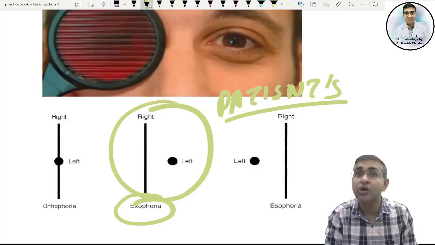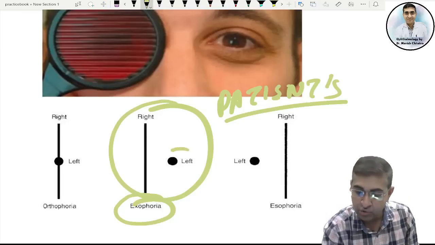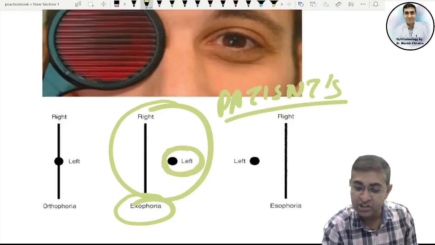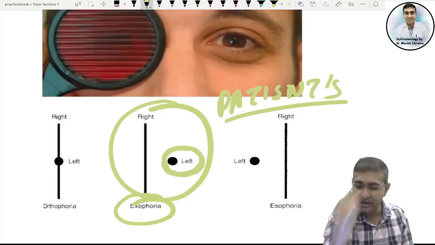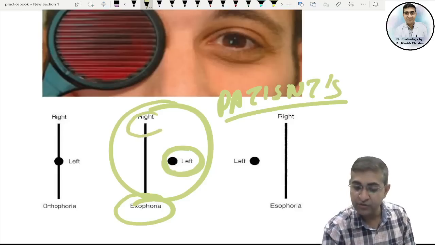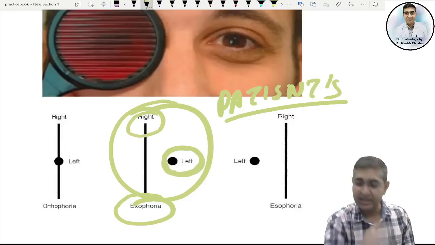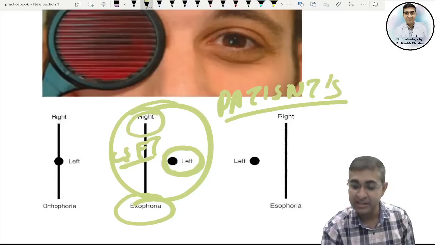So ultimately the patient is going to see the torchlight which is central, coming from the center, and the vertical line which is shifted onto the other side, onto the left side. So this is your exotropia. Similar is the case of esotropia.